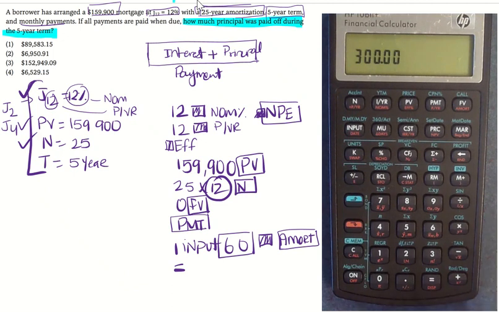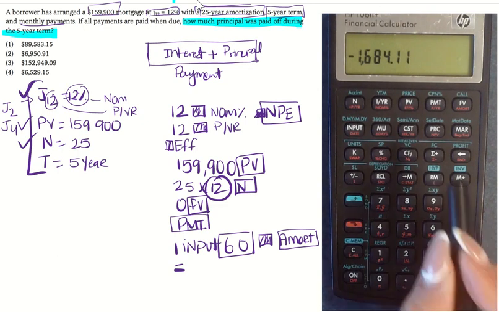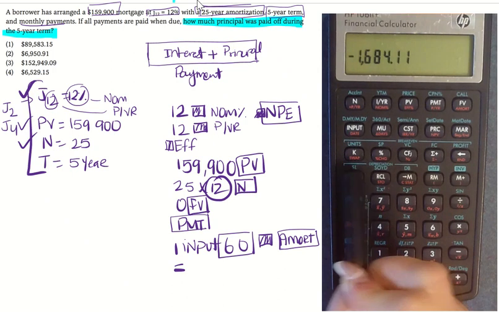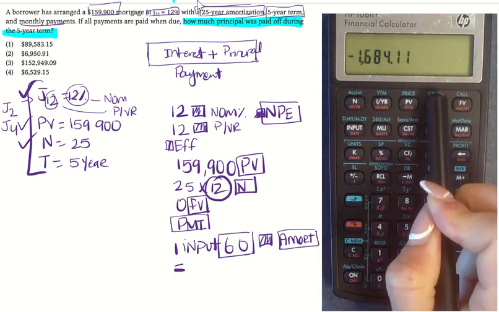Okay, so now we did that. Now we are going to do a payment. Okay, this is 1,684.11 cents. Now we found that. In order to find your principal, we need to store this back into the payment. So we are going to do the plus-minus key. You don't need to, just press the payment key again.